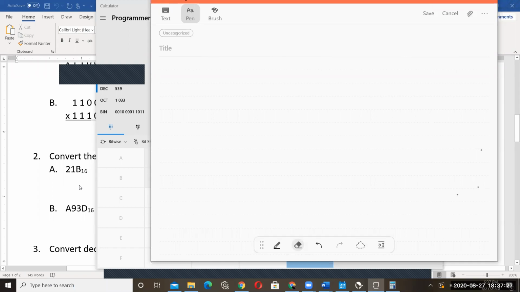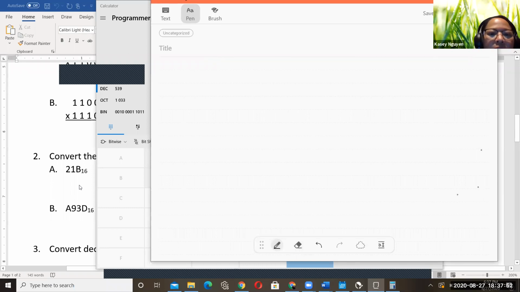Like on the toolbar of the Lockdown Browser, it has a calculator button, and when you click it, it only gives you the scientific mode. So you probably won't be able to switch to the programmer mode. Just to give you a heads up that you might not be able to do that for the final, but on the quizzes, you're welcome to do that. Okay. Thank you. Yeah, no problem.